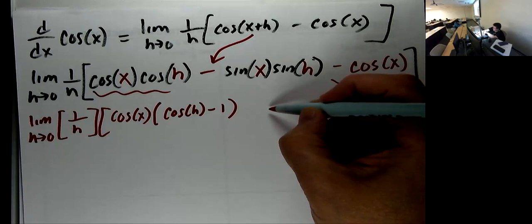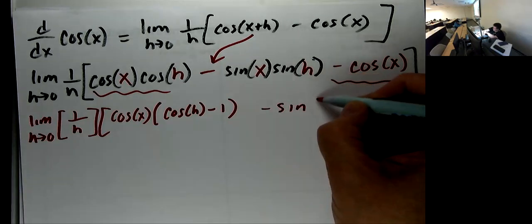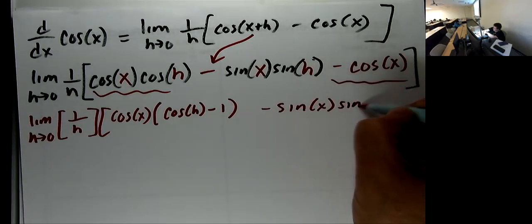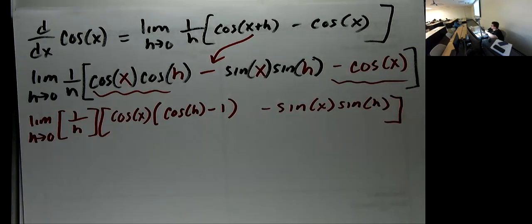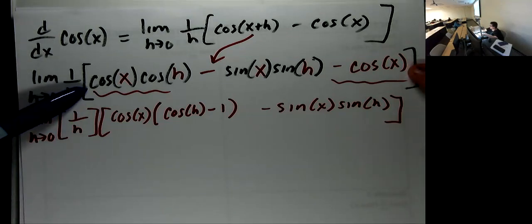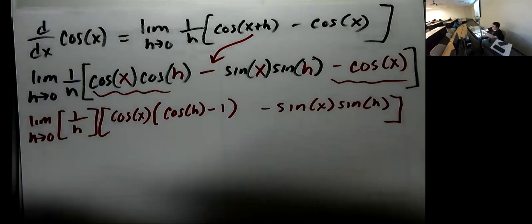And then I have a minus sine x sine h. So I grouped these two and I factored out the cosine x. And that went right here.